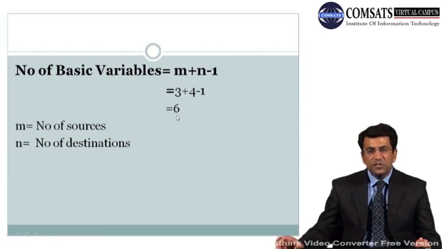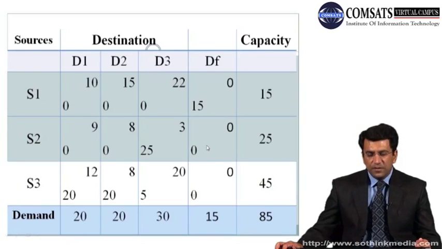Now class, you must remember I told you that this 6 indicates that in order to use this transportation method, at least 6 of your cells should be filled. If we see our previous table, you can see that this cell is filled, this is filled, this filled.